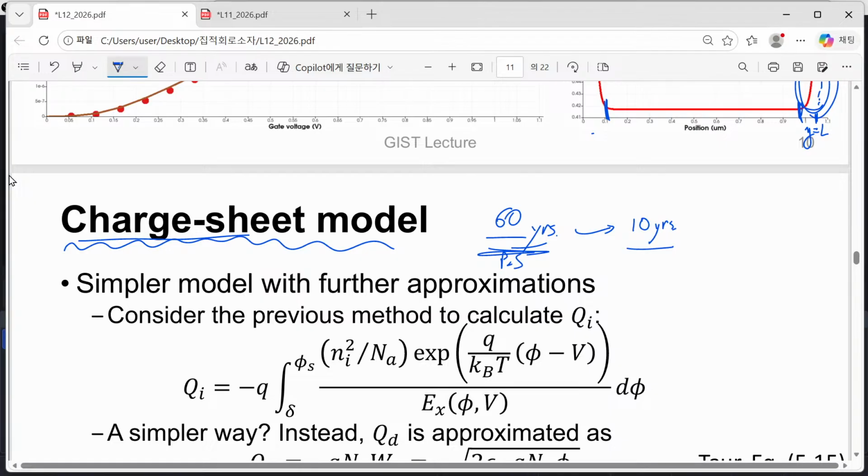So simply speaking, it is not used because it is most accurate. It is used because it provides us reasonably fast calculation and reasonably good calculation result. So we are compromising between accuracy and speed.